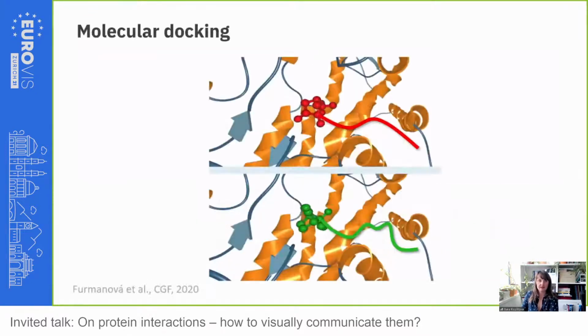And as one of the last examples from this protein-ligand category is an example of molecular docking, which we were also working on basically last year. It was presented almost 2 years ago at the VCBM conference.